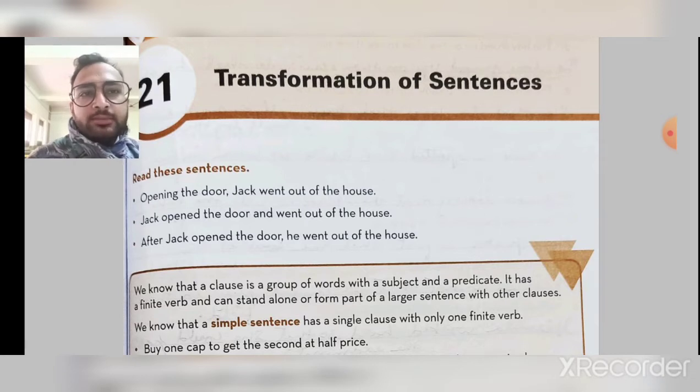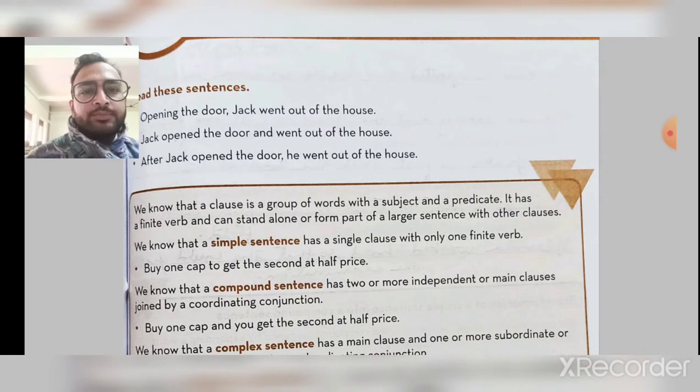You can see the meaning of all three sentences is that Jack went out of the house, but they are presented differently. So let us study this chapter in depth. We know a clause is a group of words with a subject and a predicate. It has a finite verb and can stand alone or form part of a larger sentence with other clauses.